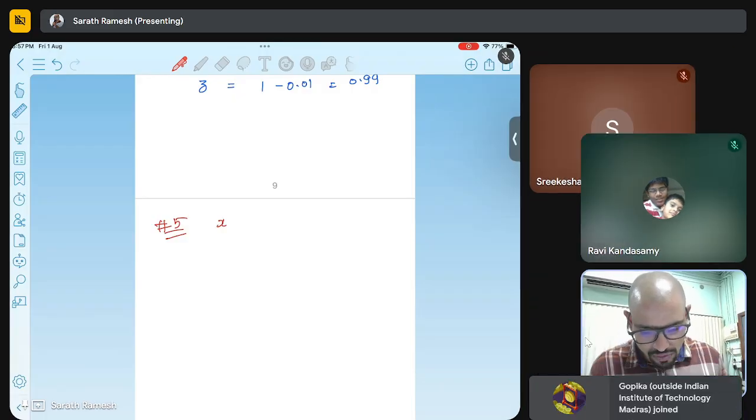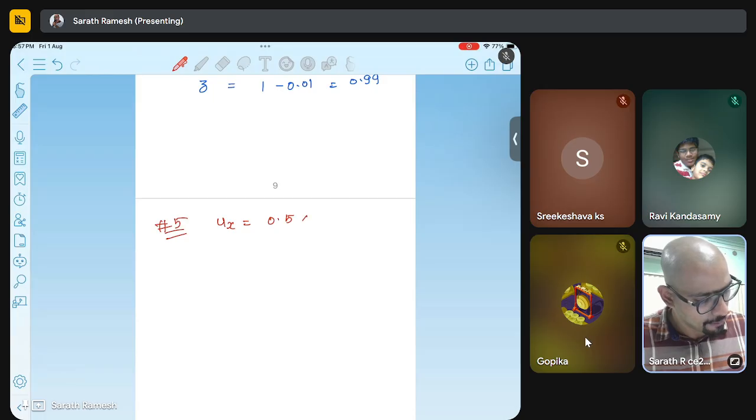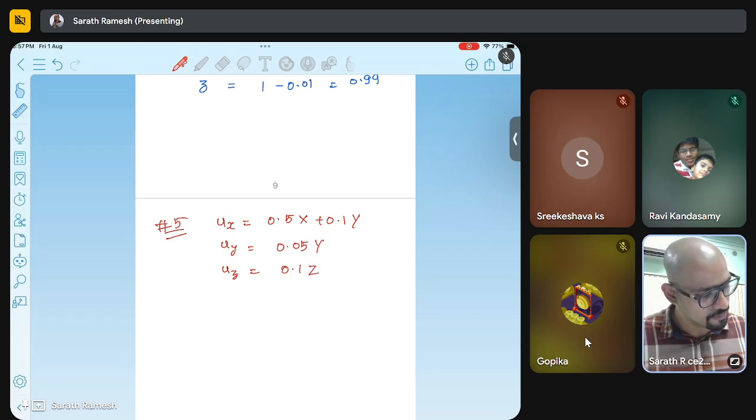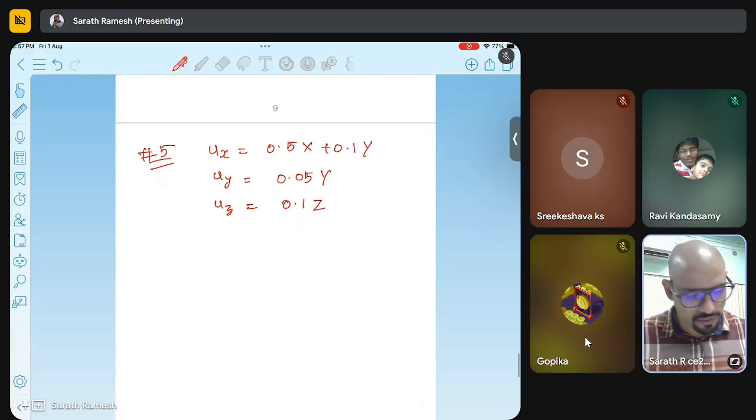This is the last problem. ux is given as 0.05 capital X plus 0.1 capital Y, uy is given as 0.05 capital Y, and uz is given as 0.1 capital Z.